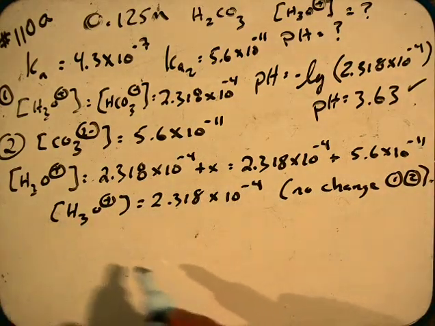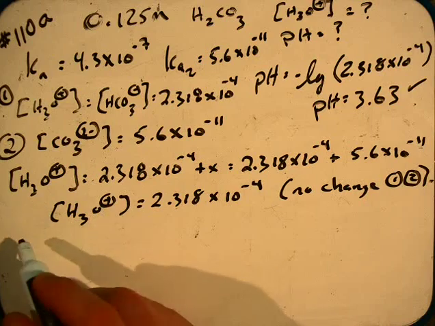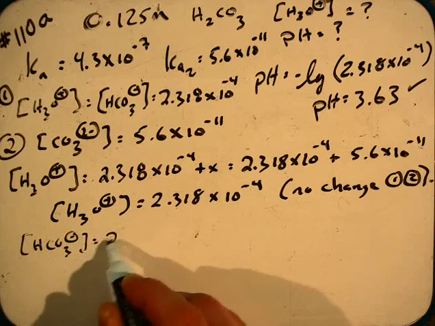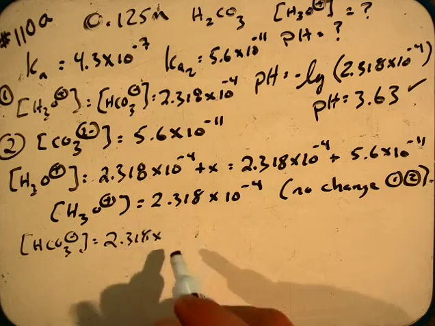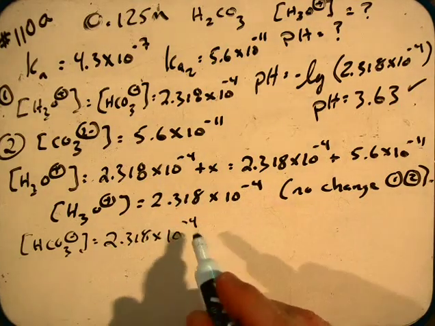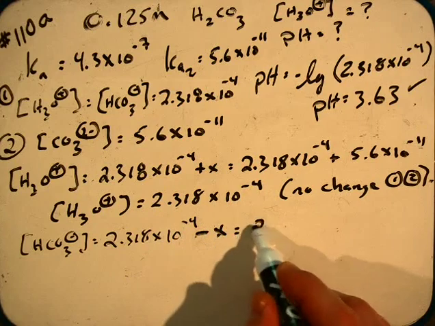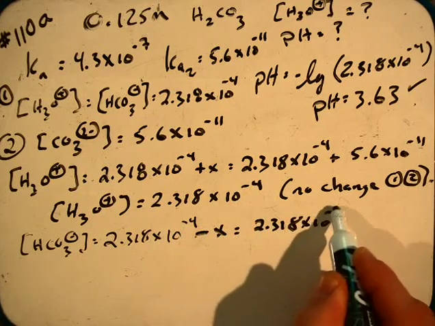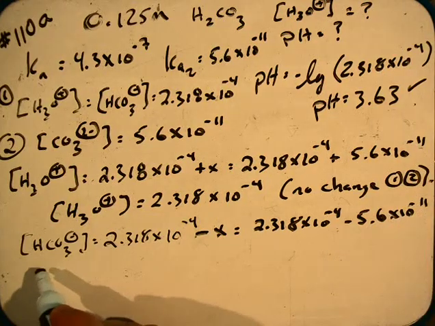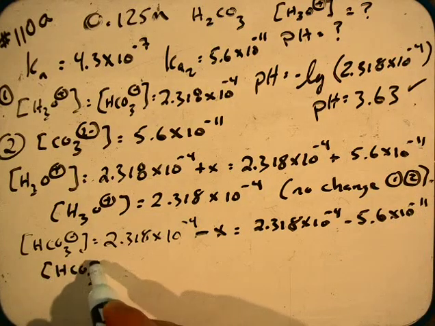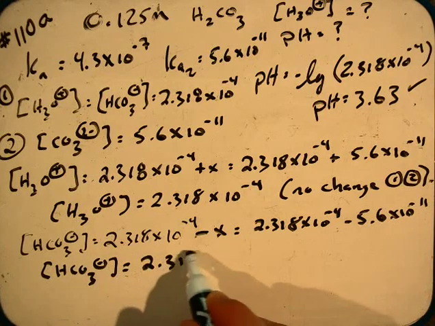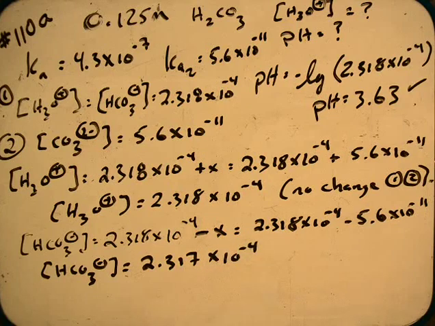We can then go further and solve our other concentrations. Again, you'll notice that they won't change much. Our bicarbonate concentration was 2.318 times 10 to the negative 4th plus x, minus x, or 2.318 times 10 to the negative 4th minus the 5.6 times 10 to the negative 11th, which gives us our bicarbonate concentration to be equal to 2.317 times 10 to the negative 4th.